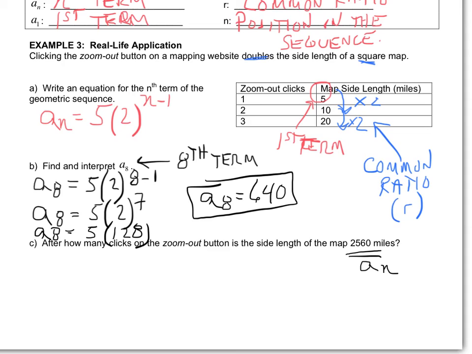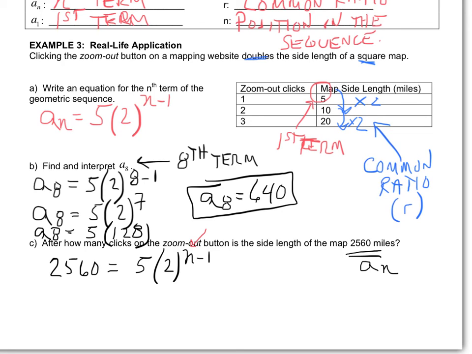We are now looking at the value of that term. Okay, so what I'm going to have to plug in is this 2560 on the left hand side. We still have the n minus 1. And this time we're now solving for the n, the number of clicks. This is the number we're looking for.